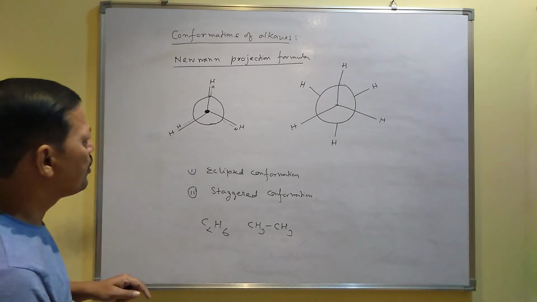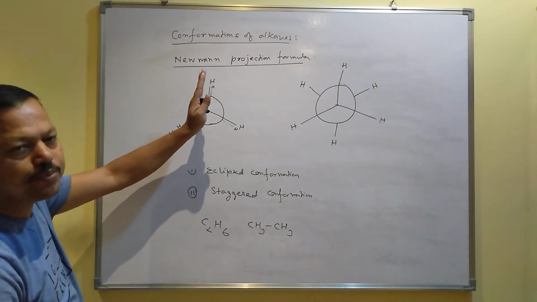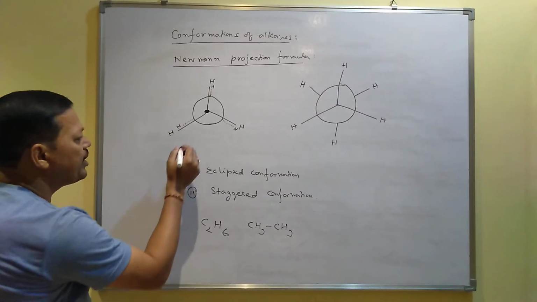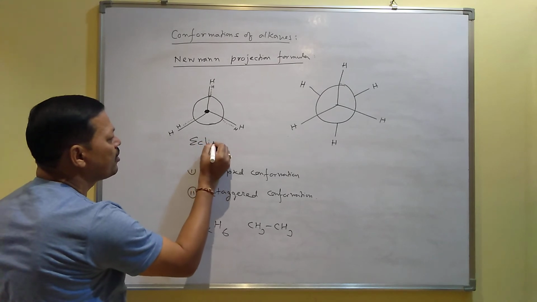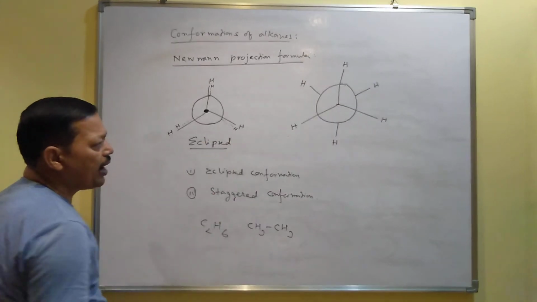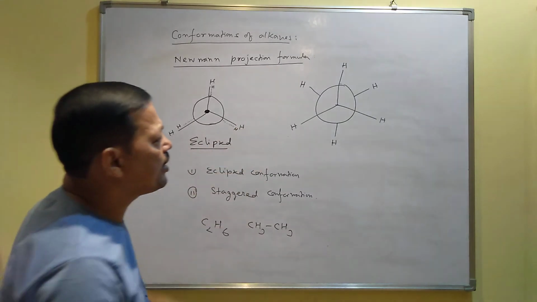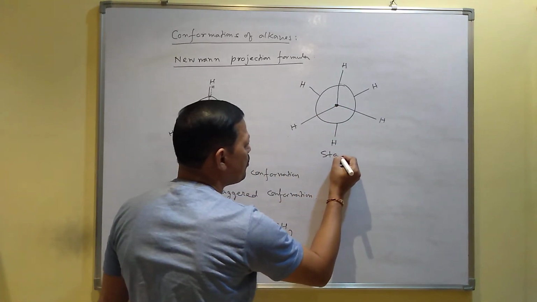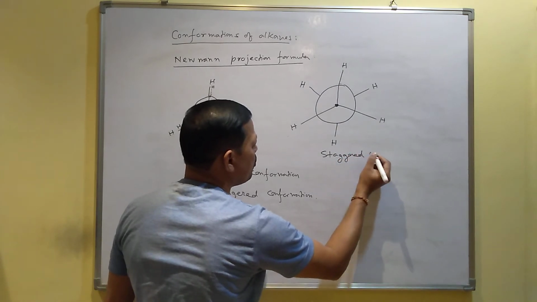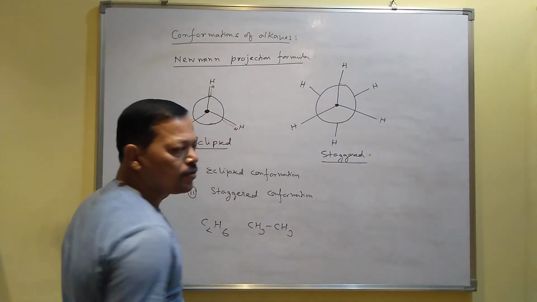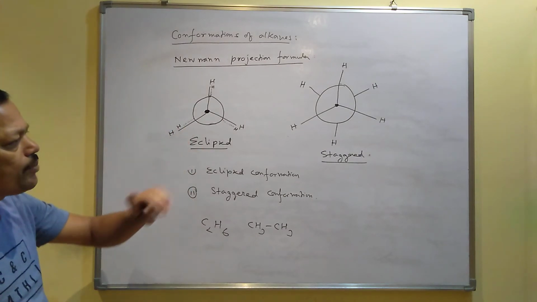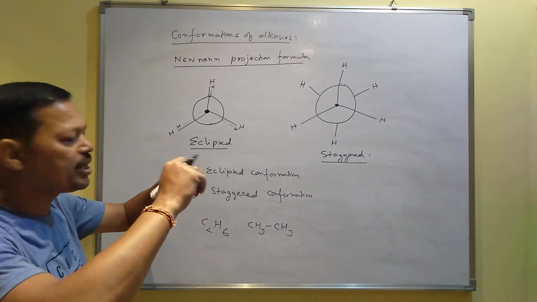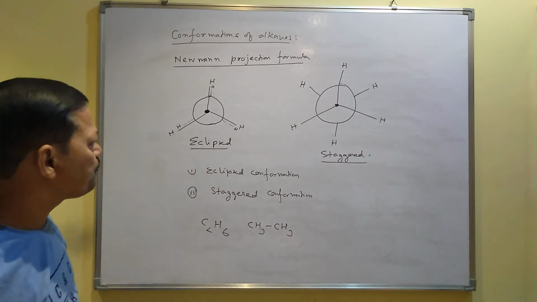In this conformation, if the direction of carbon-hydrogen bonds of the first carbon and second carbon is in the same direction, then it is called eclipse conformation. And if the front side carbon and the back side carbon hydrogens are not in the same direction, then it is called staggered conformation. So ethane can show these two types of conformation by rotating the carbon-carbon sigma bond.